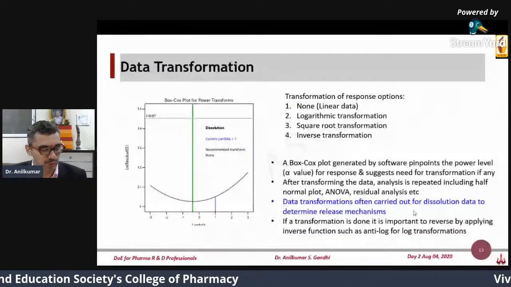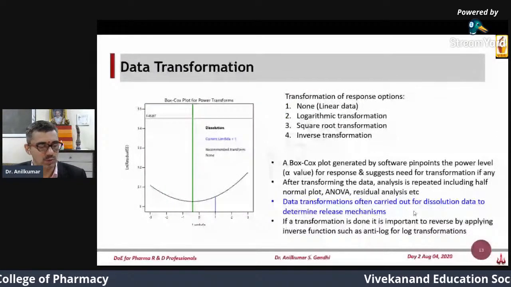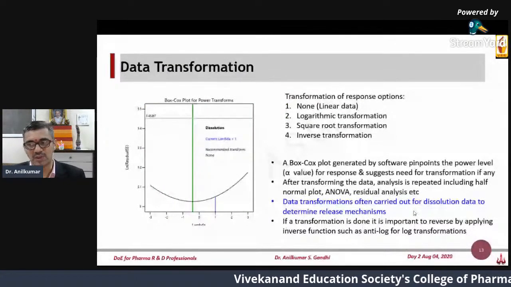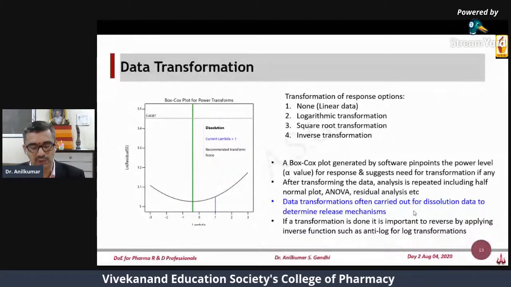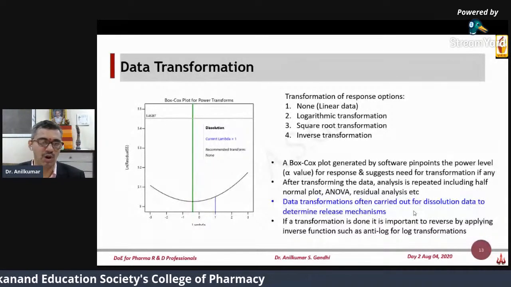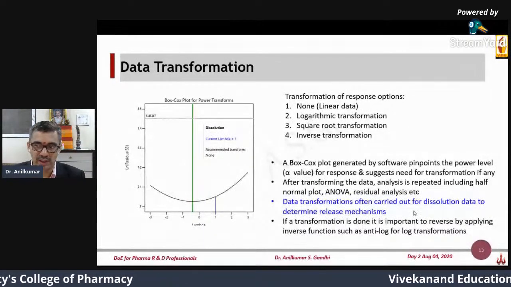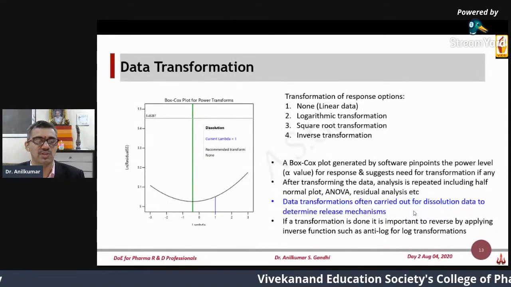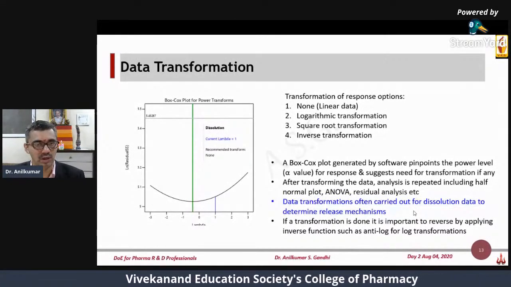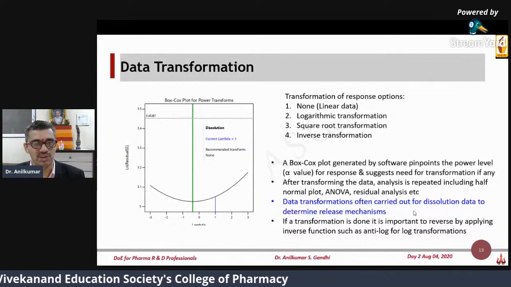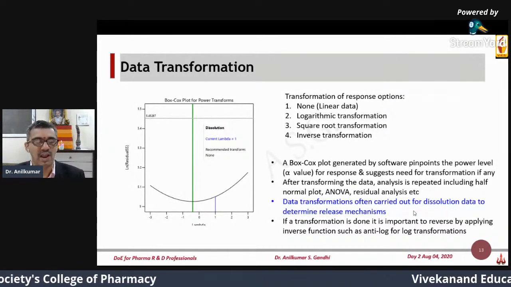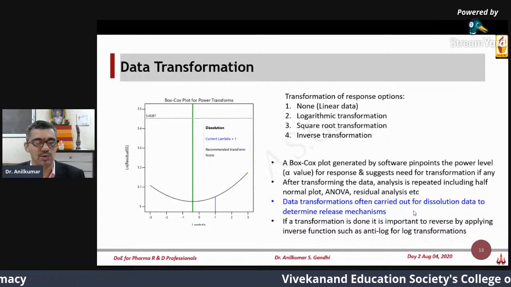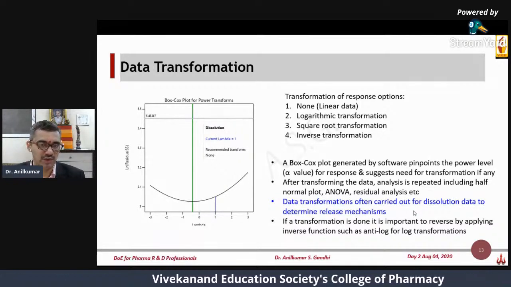There is one more help to you. I discussed with you that there are possible observations such as megaphone effect or S-shaped curve and so on. There is also a provision in the software, which is called a Box-Cox plot, which is of power transformation. If you see the Box-Cox plot, it very clearly tells you the recommendation of transformation.